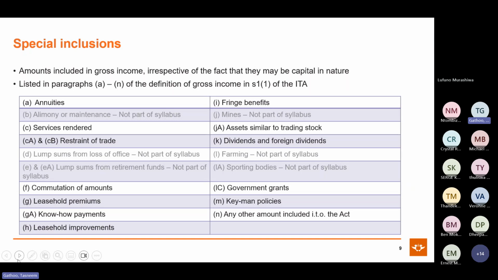Then you have subparagraphs (a) to (n) of the definition of gross income, which specifically include certain amounts irrespective of whether they are capital in nature or not. So there may be amounts that are capital in nature, or of a revenue nature, but by the mere fact that they are listed in these paragraphs, they must be included in your gross income. And we looked at these.